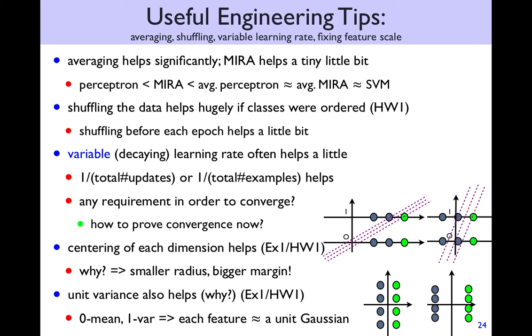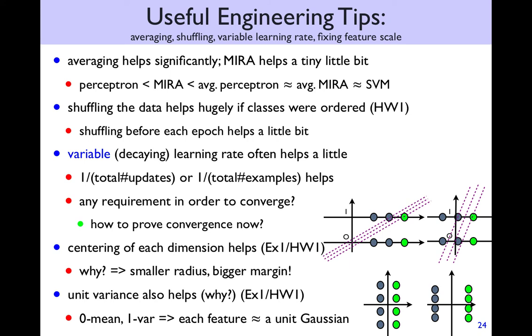So all these predictors perform with roughly the same accuracy. But average perceptron is by far the easiest one to implement, and also very fast to train. If you work on homework 2 in week 5, you realize that SVM is much slower to train than average perceptron, and they work roughly the same in terms of accuracy.